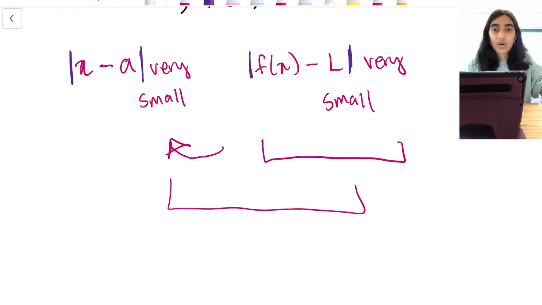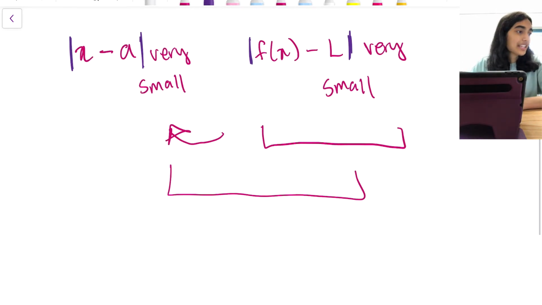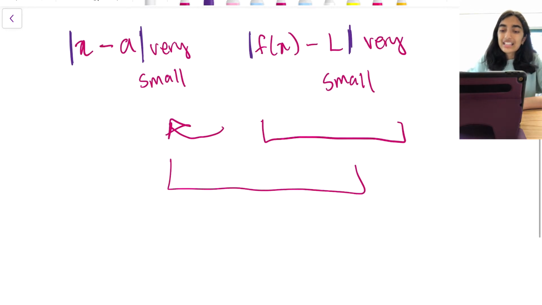It doesn't matter to us. All that matters to us is that it's just a little bit further away. It doesn't matter in which direction. So therefore we are taking the absolute value because we don't care whether the difference is positive or negative.